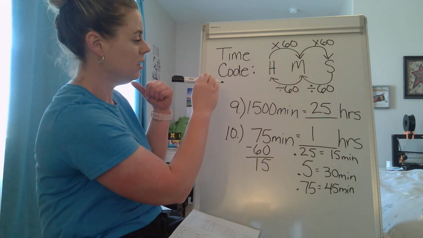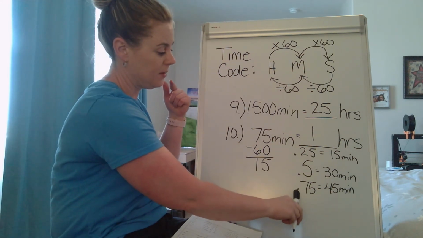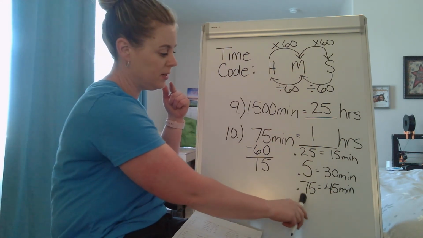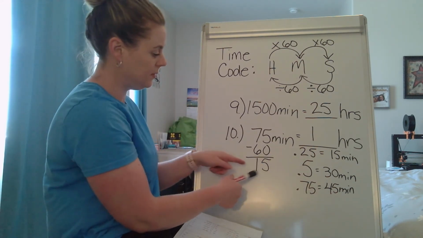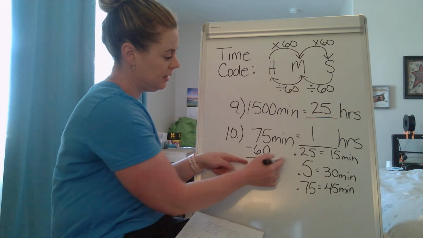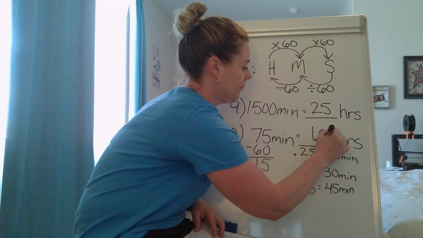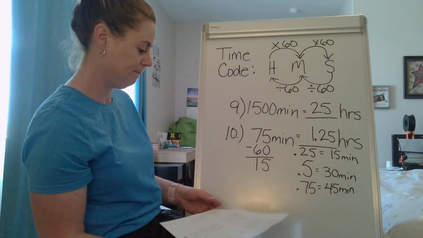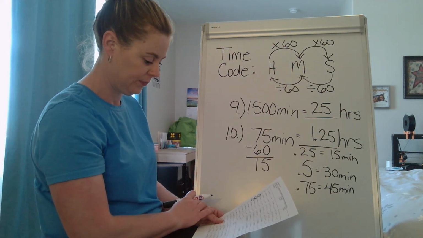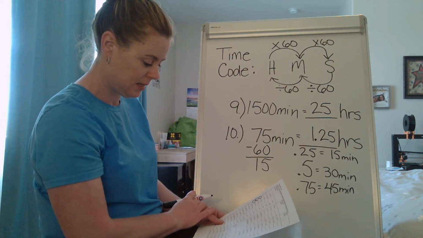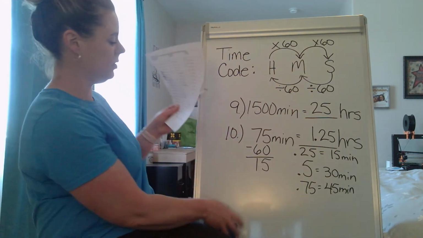That's 45 minutes, and that would be 3/4 of the clock, 0.75. And then 1 whole is 60. So I could take this 15 and add it, it's 0.25. Okay, that one's tricky too.